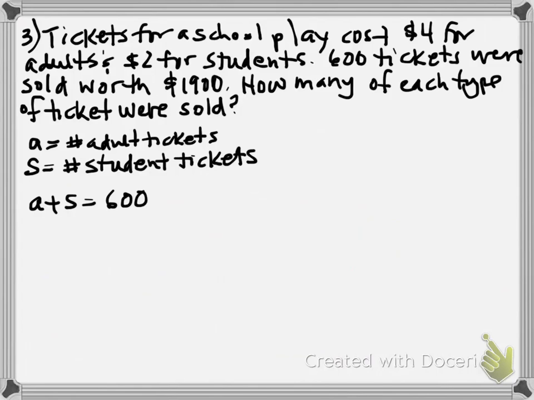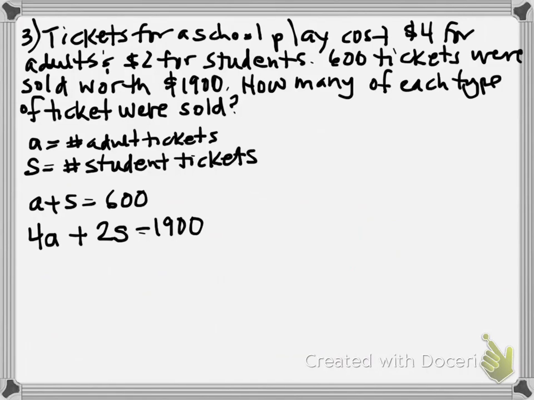Okay, so remember back when we were doing $5 bills and $10 bills, how did we write the equation about the value of them? Oh, it would be 4A plus 2A. Yeah, we need to put the value of 1 times how many there are. So 4A for the adults, 2S for the students, and that equals the 1900.